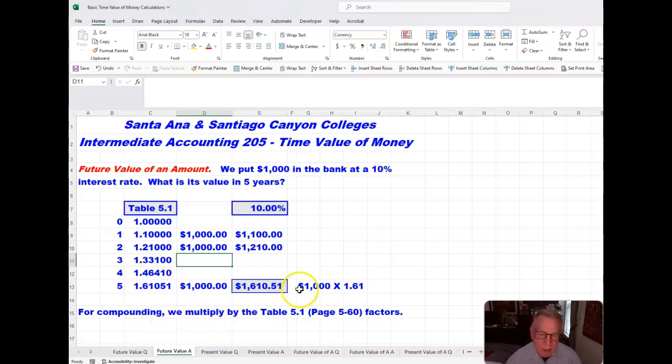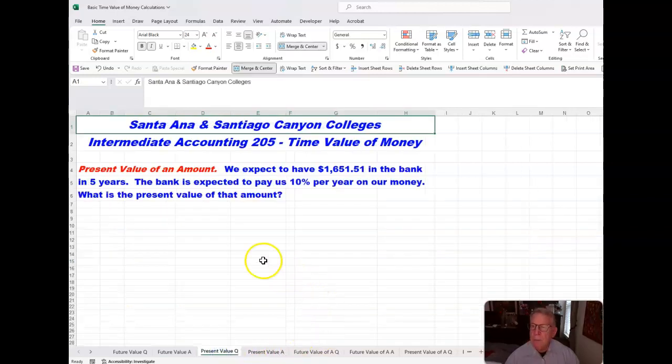Now we haven't done this yet in the PowerPoint, but we're eventually going to get to a concept called present value. Here would be an example. Present value of an amount, they call it present value of a sum, I believe. So we expect to have $1,651.51 in the bank in 5 years.